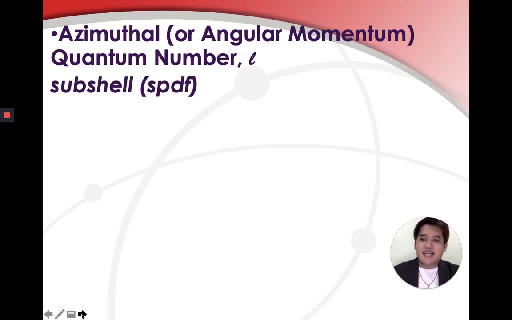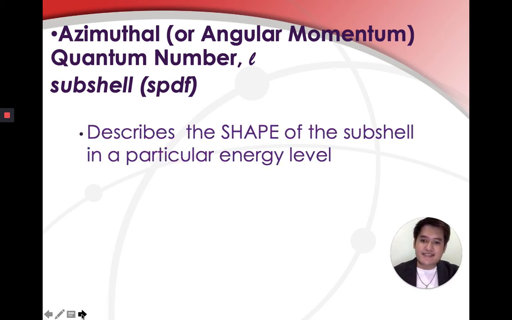Next is the azimuthal, or the angular momentum quantum number, which is represented by the letter L, which gives us the subshell. In the main energy levels, there are also subshells, and we designate those subshells as s, p, d, f.